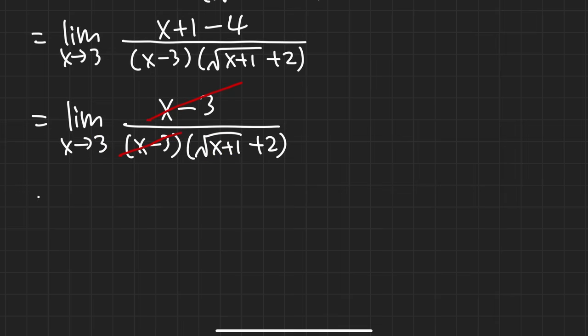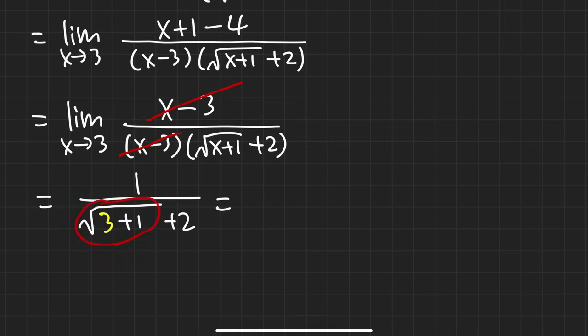On the top, we still have a 1. And on the bottom, we have square root of 3 plus 1, and then plus 2. So that's going to be what? This is just square root of 4, which is just a 2. 2 plus 2, right? So we just have 1 over 4. And that's the answer. Done.